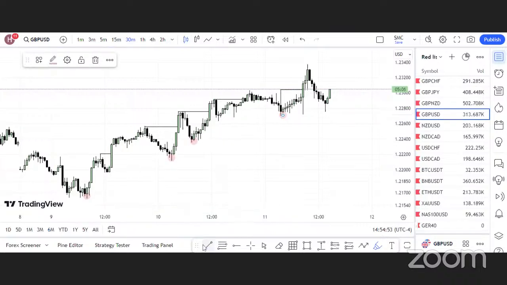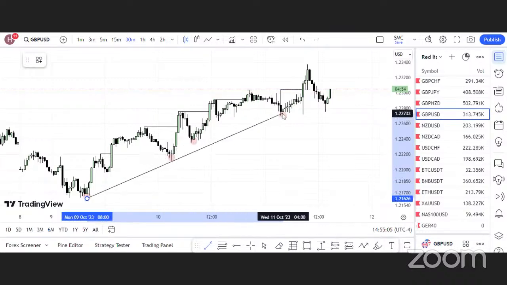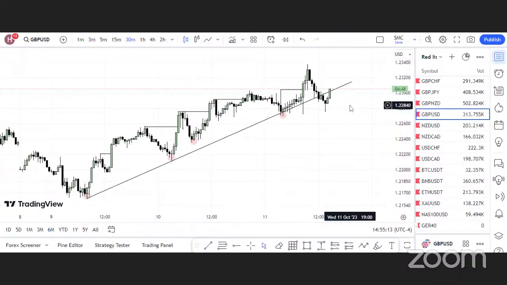So let's see if we can have a line that is going to be connecting them together. So we have the first point, we have the second point, but you see, it can't connect the third point. Yeah, we are okay with the second point. Okay, it got connected here also, and then see what happened. The market broke out. All right, the market broke out.